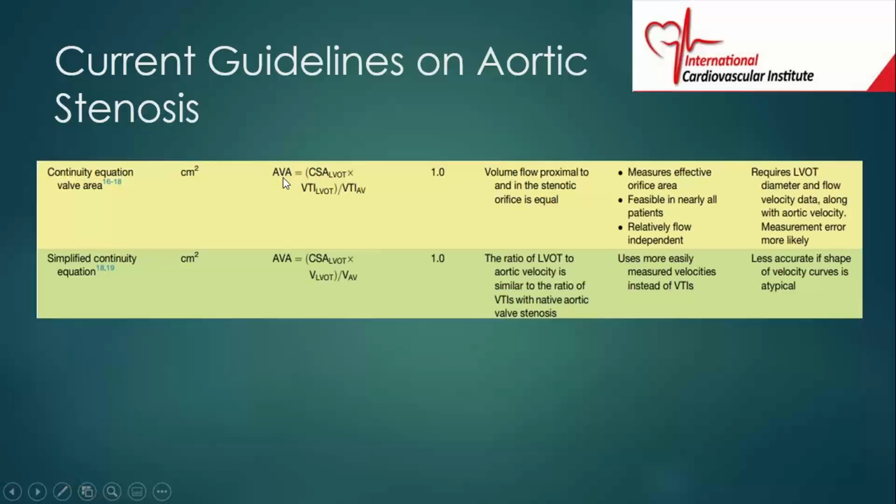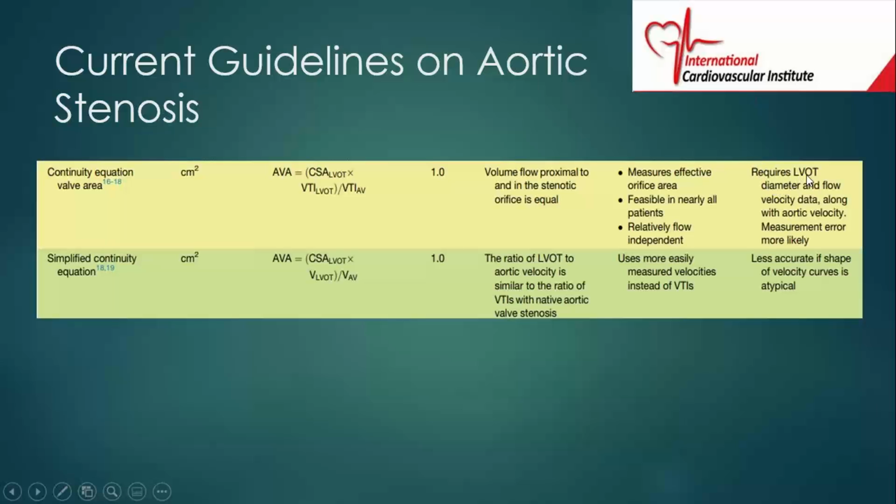The unknown there is the aortic valve area. And when you put the numbers in the continuity equation, if it's less than 1, then it's severe. So that is the concept, okay?